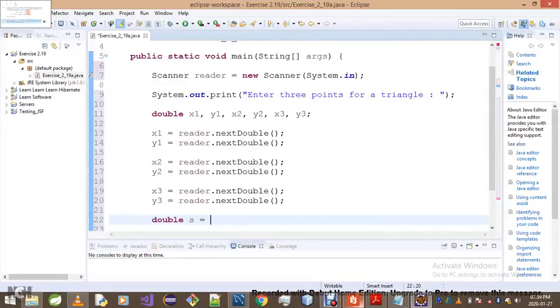Oh, actually, we first need to find the sides, let me declare these three, S1, S2, then S3.